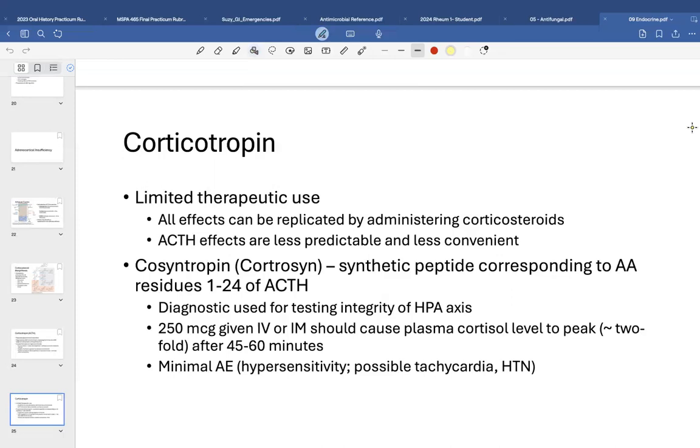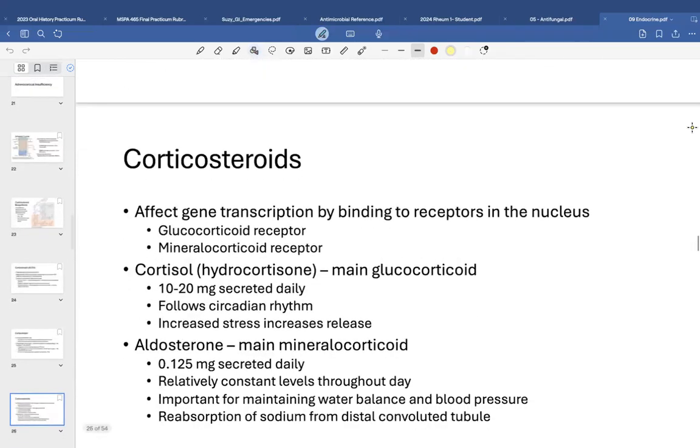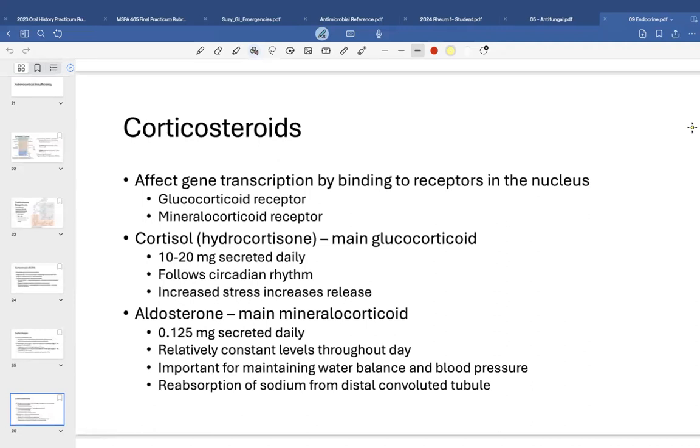All right, as for corticosteroids themselves, again, these are just widely active hormones involved in lots of different functions. But they're steroid hormones. The one thing steroid hormones have in common, other than the fact that they're all derived from cholesterol, is that they activate intracellular receptors, meaning they will bind to a receptor, and then once they're bound, it moves into the cell and activates certain genes on the DNA.